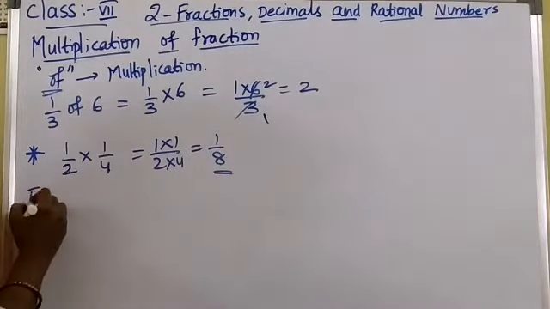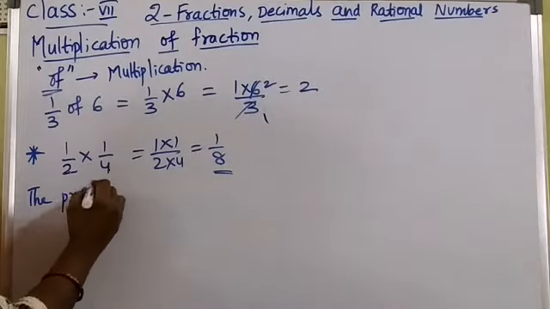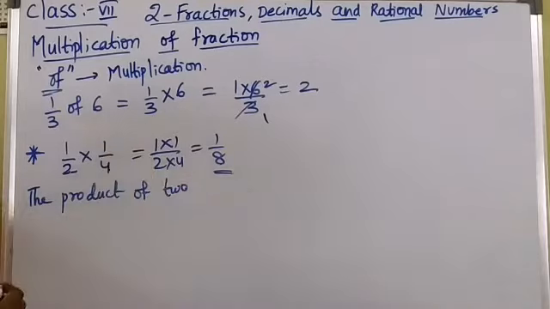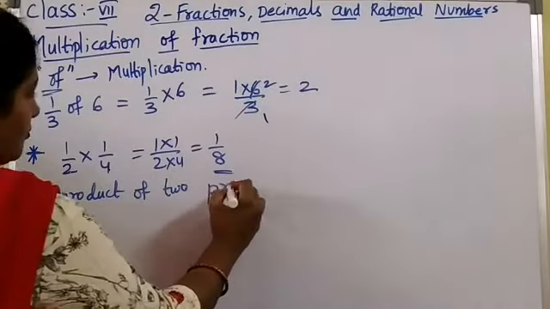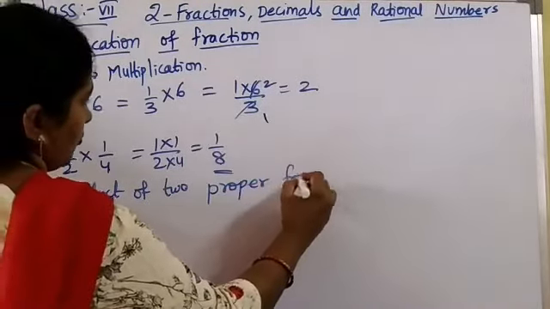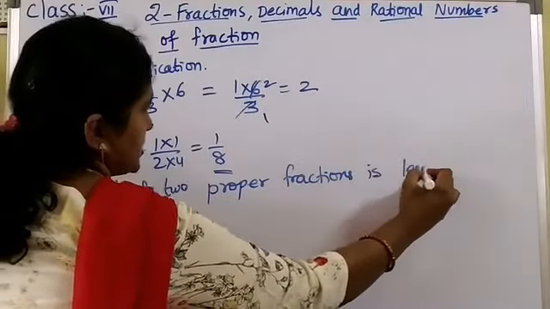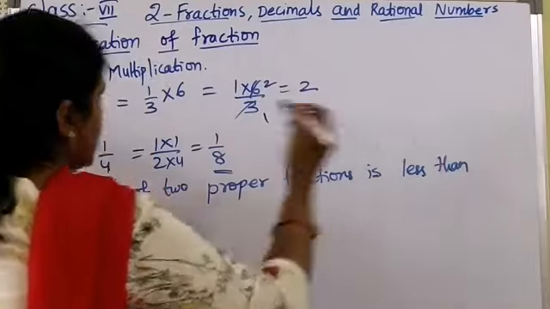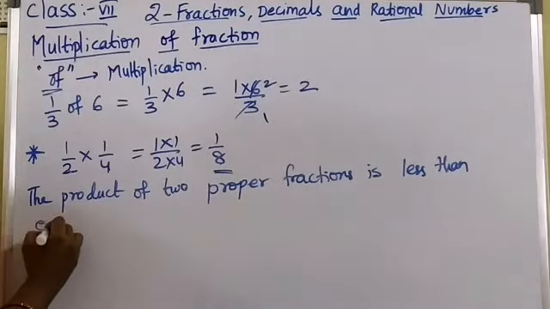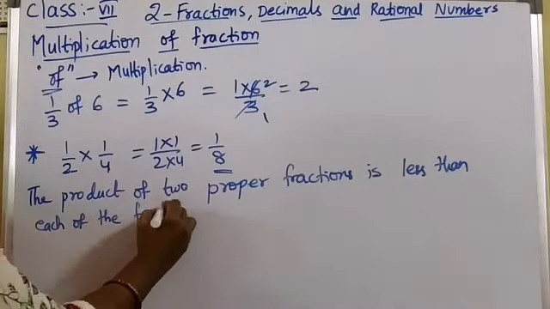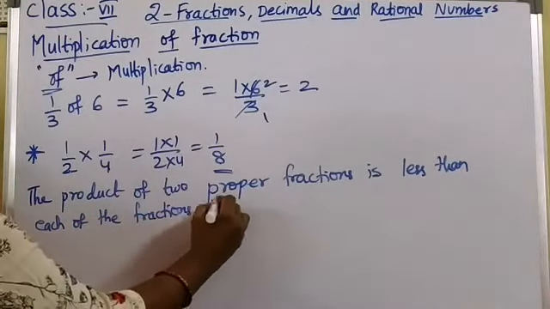So the product of two proper fractions is less than each of the fractions that are multiplied.